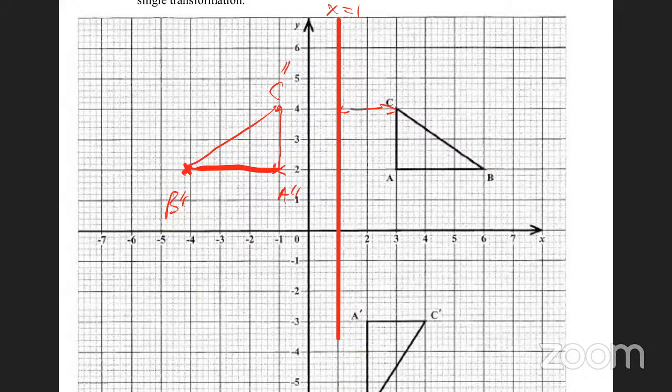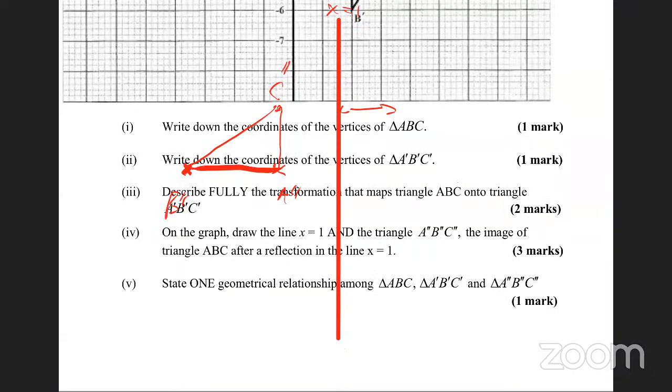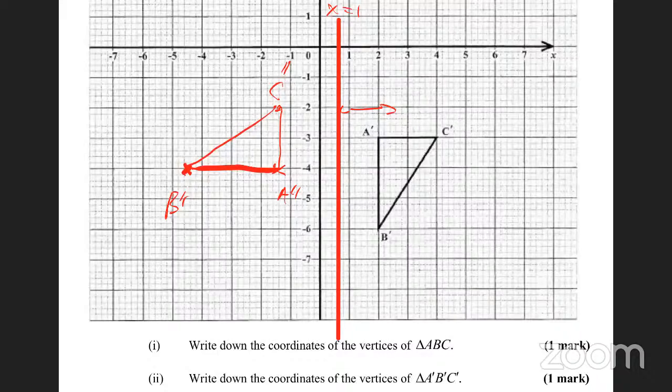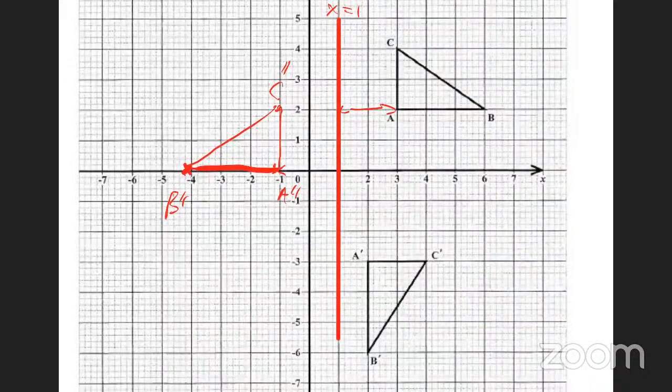Now for the last part. I think the last part is to state one geometrical relationship among A, B, C, A prime, B prime. What is one geometric relationship between all of them?